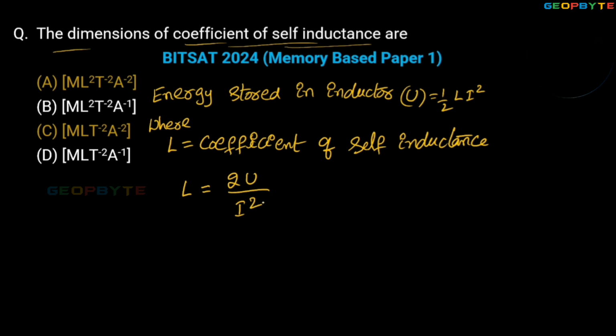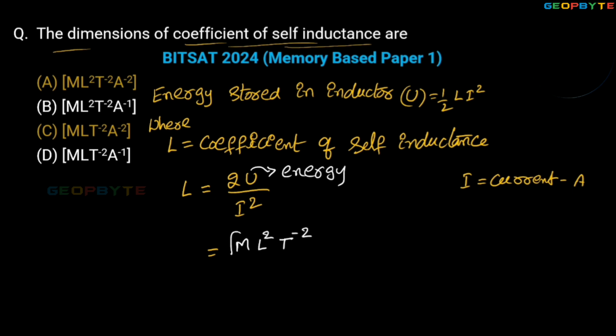Here I is the current, which is in amperes. Then you know the energy dimensional formula. Here U is the energy. Just now we have decided the energy dimensional formula M L power 2 T power minus 2, divided by I, amperes A power 2.